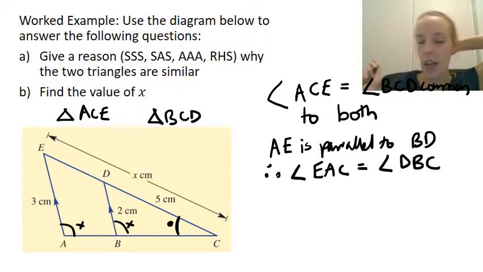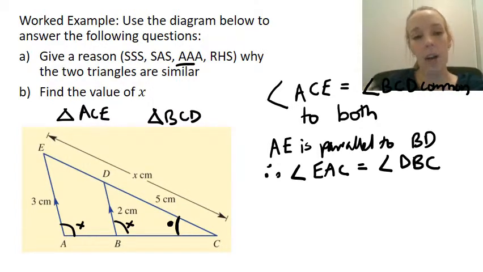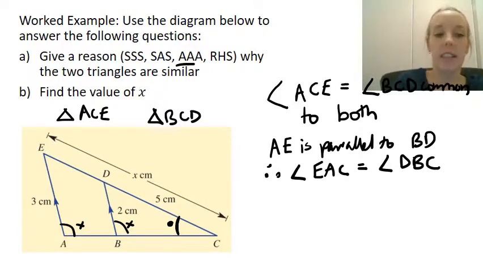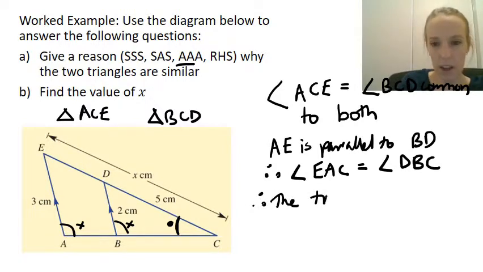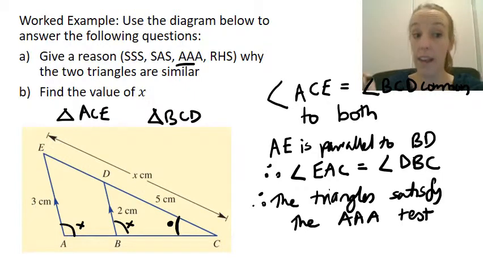So now we've got two equal angles, and therefore we give the angle test, because that test says only two of the angles need to be the same in the triangles, and obviously then the third will be the same as well. So therefore the triangles satisfy the angle test. And that would be my answer there for A.